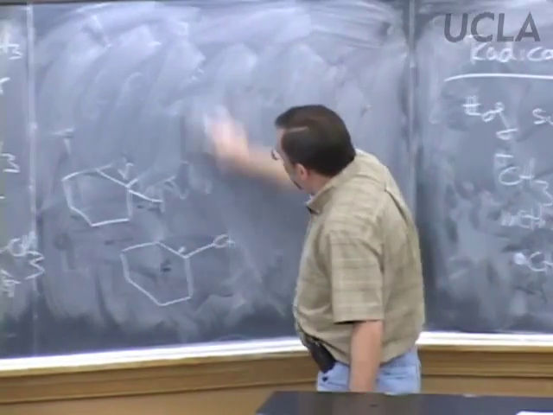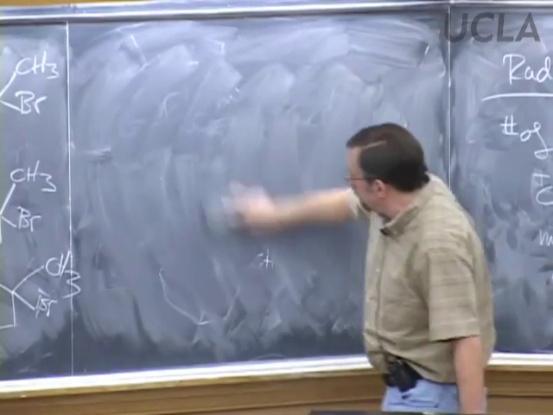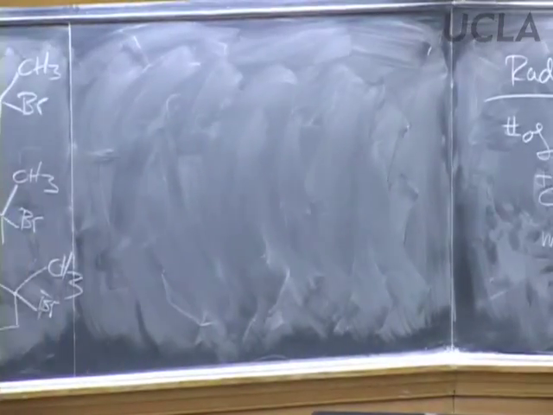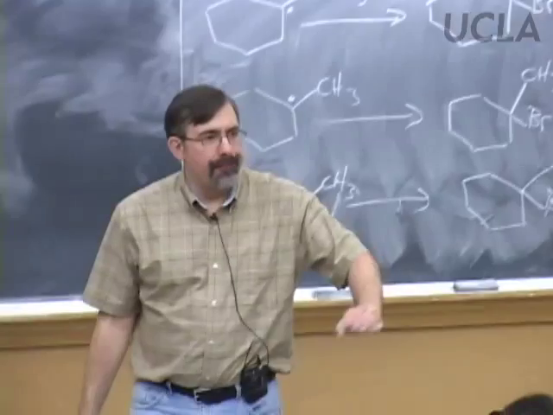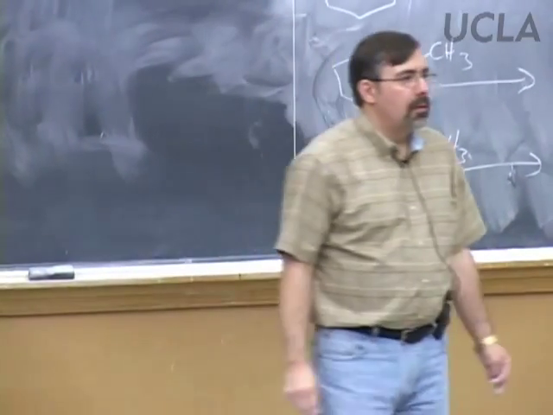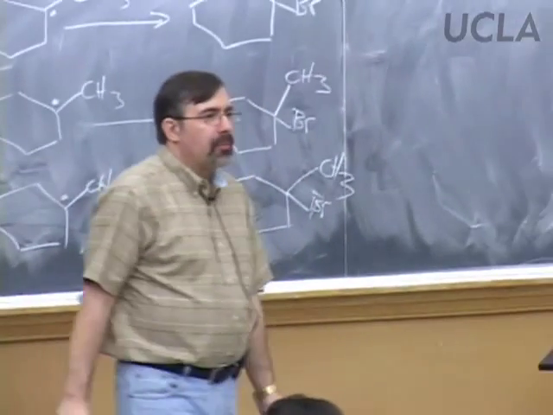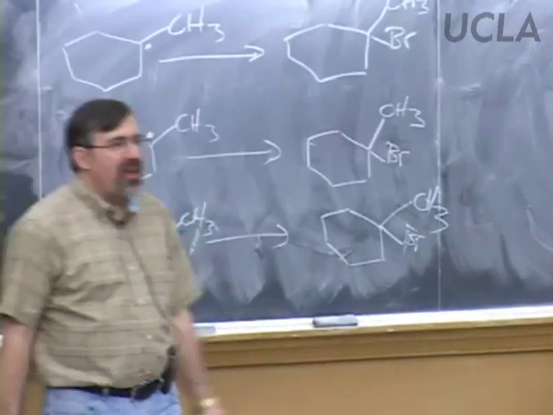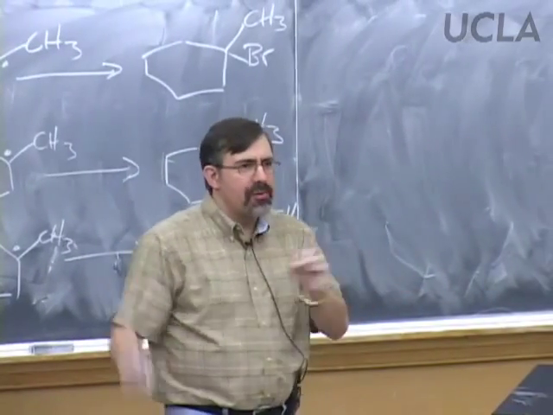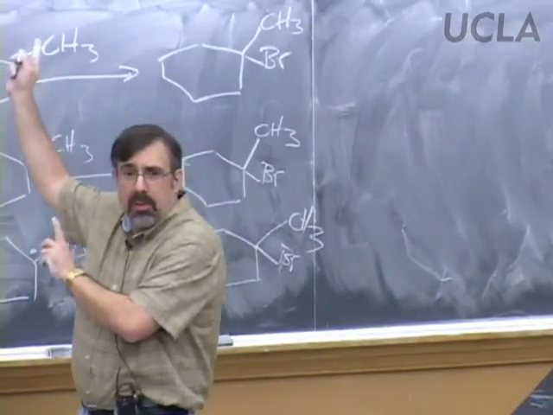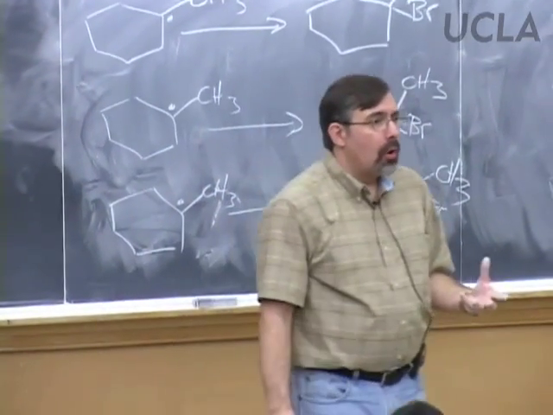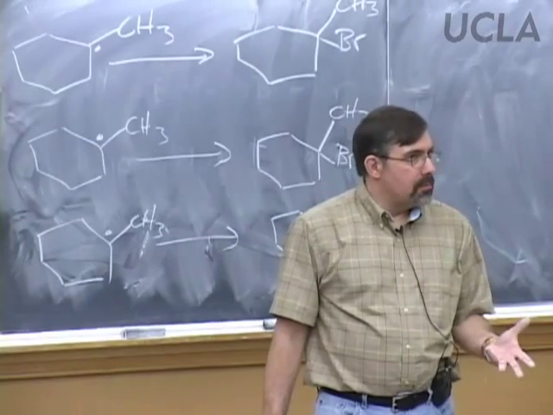All right, so what is in the mechanism at this point that can supply that bromine atom that we need? Who's got an idea? I'm sorry? The other bromine. Do you mean bromine atom, a Br dot, with 7 electrons? Or do you mean Br2, molecular bromine?